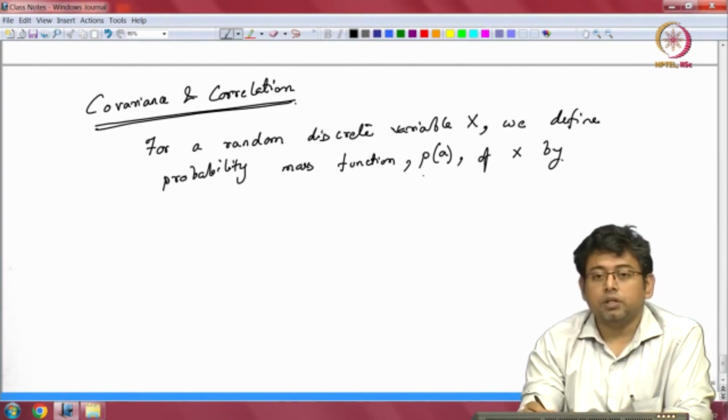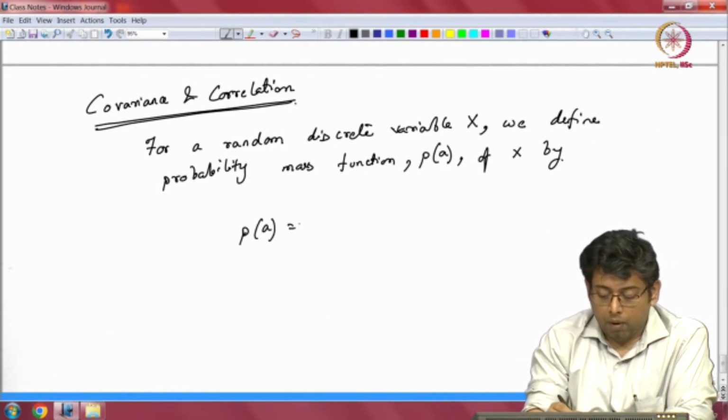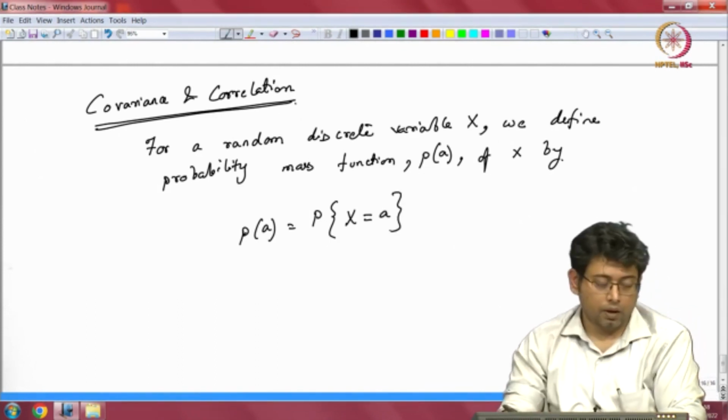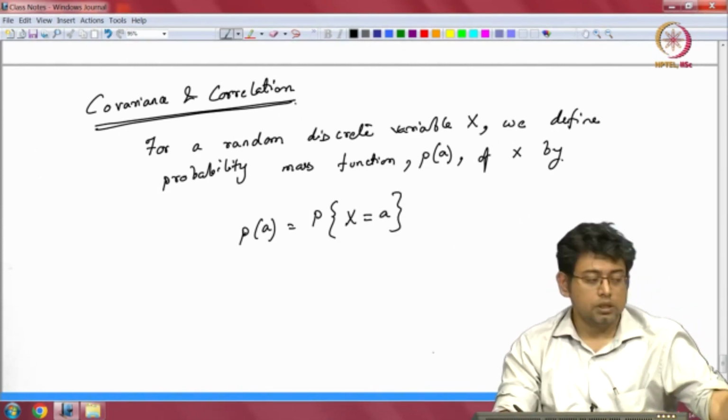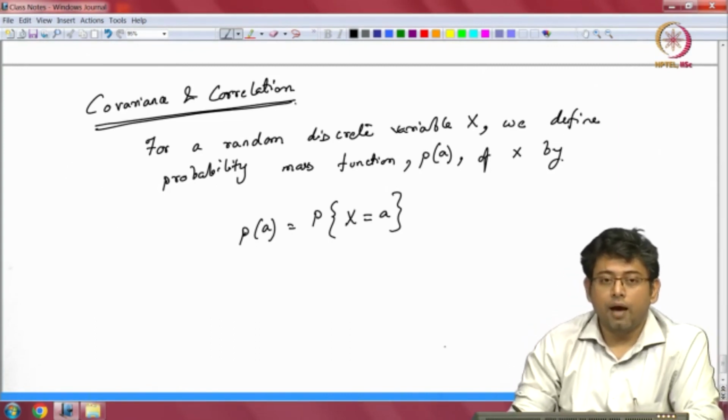So, the probability mass function p of a is basically nothing but the probability that your discrete variable x takes the value a.